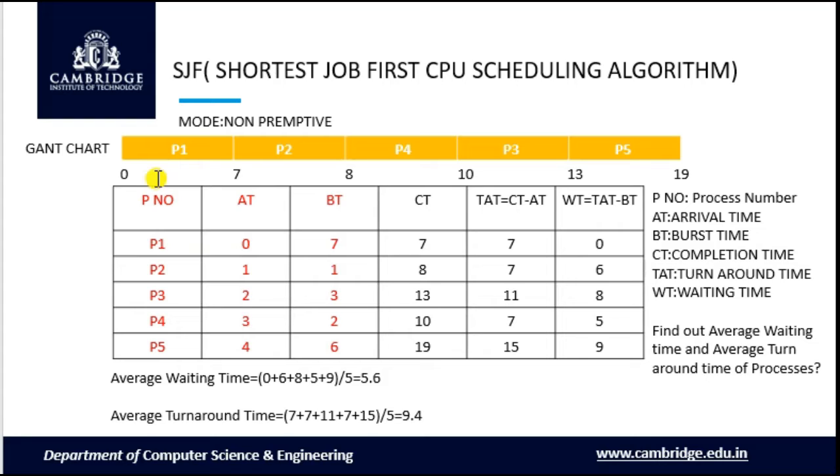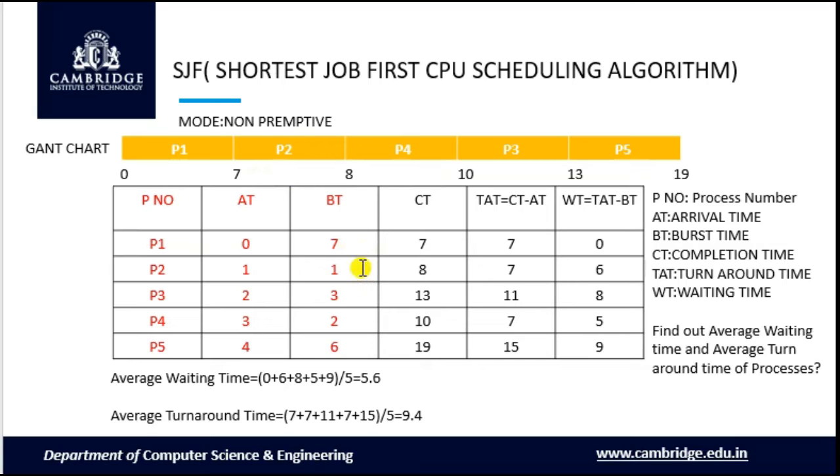A Gantt chart is a horizontal chart which represents how processes are going to be scheduled for execution. P1's arrival time is 0, which is the starting point in the Gantt chart, and 7 is where it completes, that is the burst time. We can also call it the CPU time, 7, and we have to mention it here. Next, the CPU compares, with the help of this algorithm, to consider the lesser burst time.